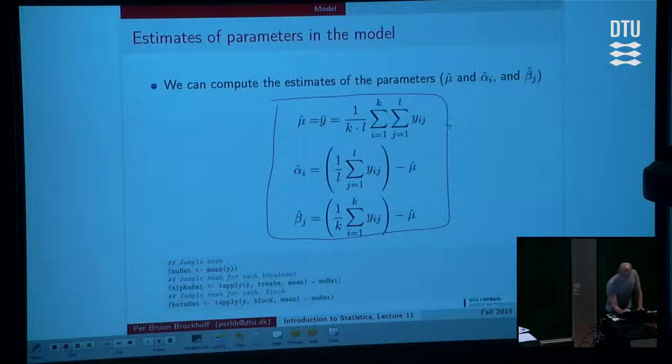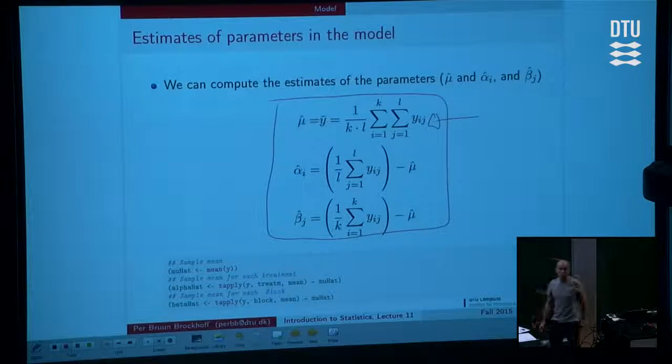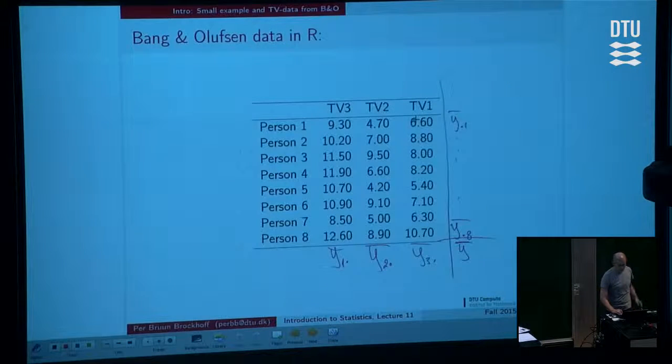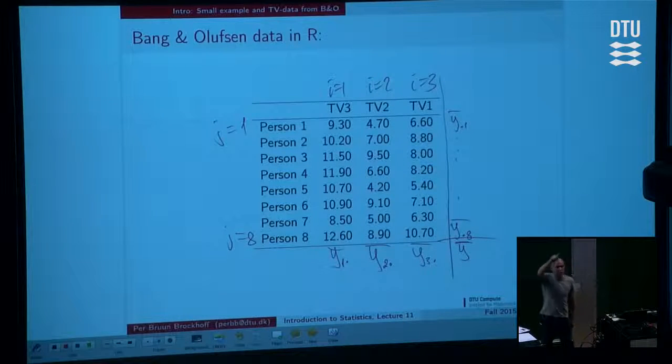The overall mean, and remember, we just need this for some maybe funny looking double summation, because of the way we mathematically indicate our, I'm jumping back to my table of observations, I'll do that maybe a couple of times. I'm having i equal 1, i equal 2, i equal 3, I'm having j equal 1, down to j equal 8. So I'm using this double notation, Yij, to indicate my 3 by 8 observations.